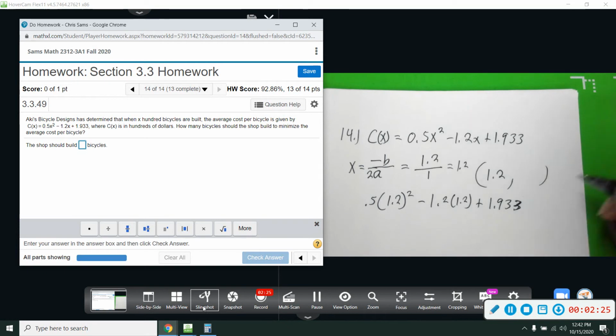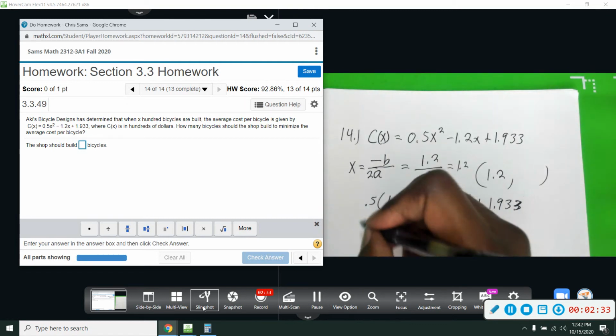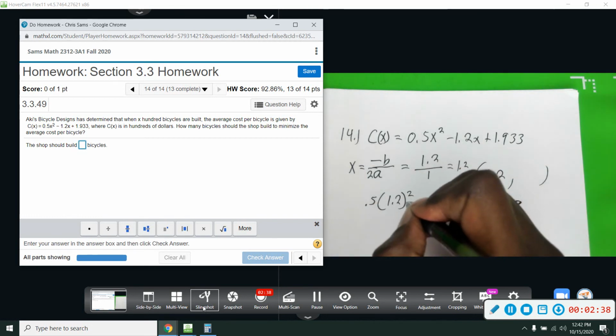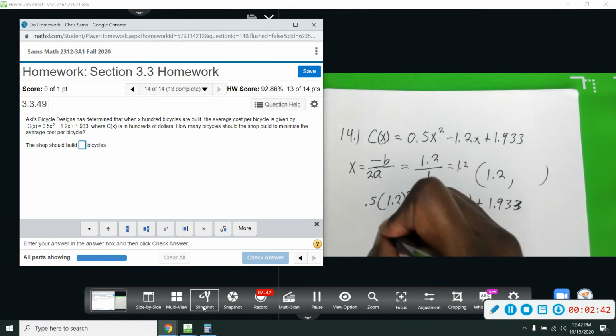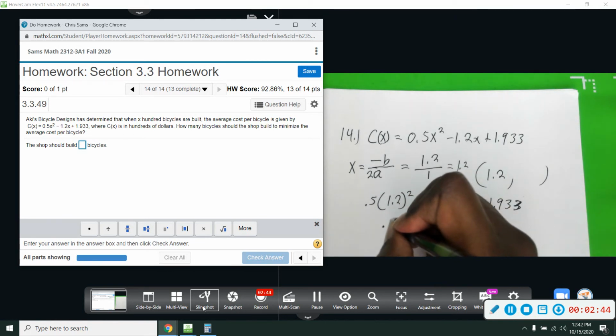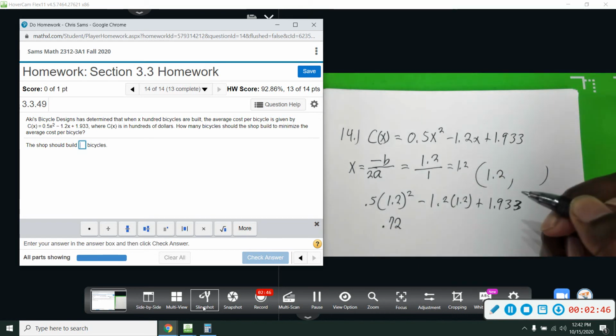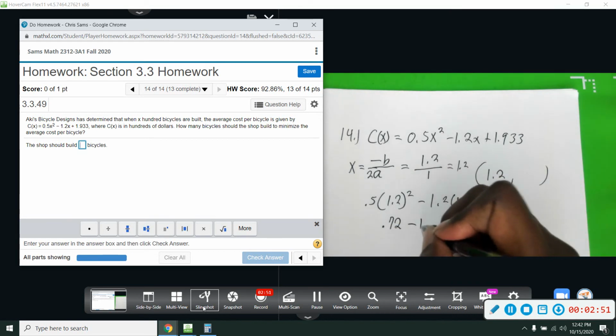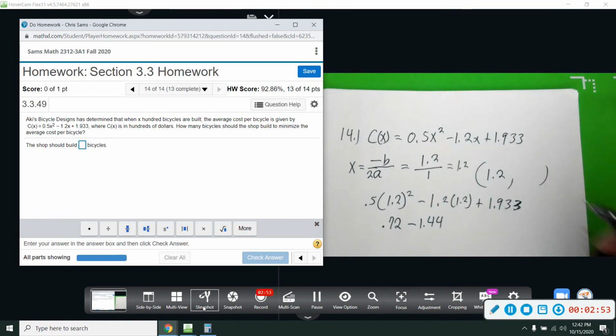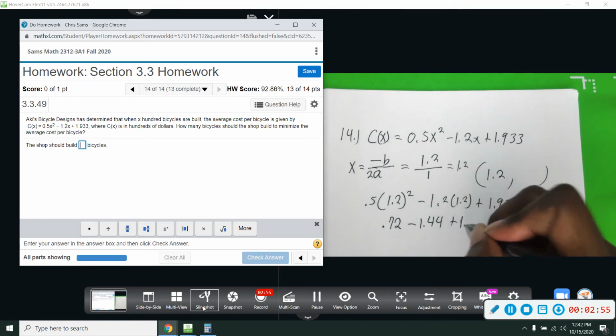I look at this 1.2 as 12, and 12 squared is 144, so this is going to give us 1.44. Half of 144 is 72, so 0.72, with two numbers after the decimal. And then again, 12 times 12 is 144, so 1.44, and then plus 1.933.